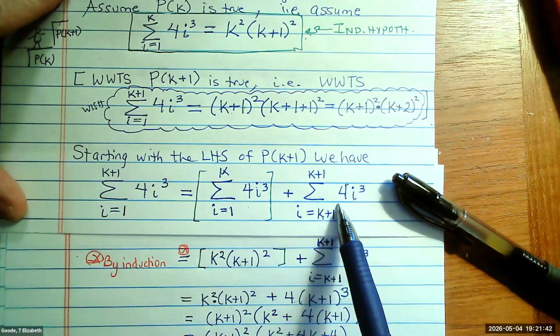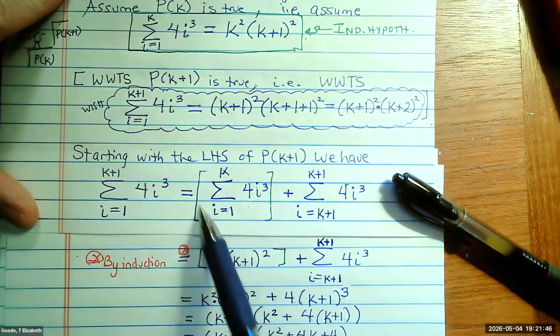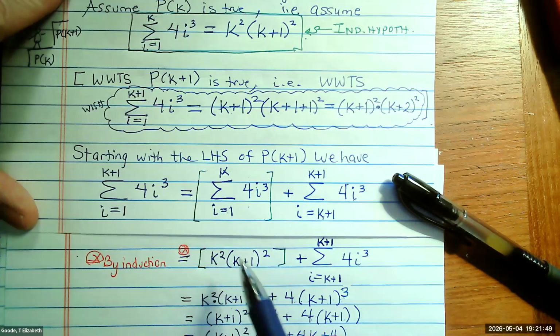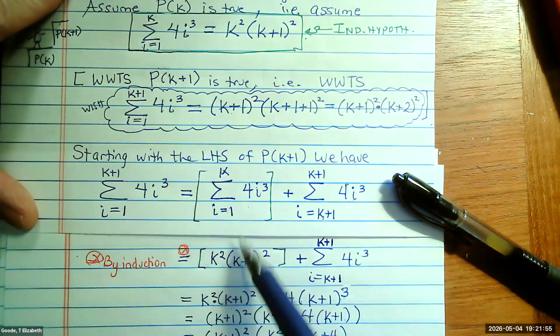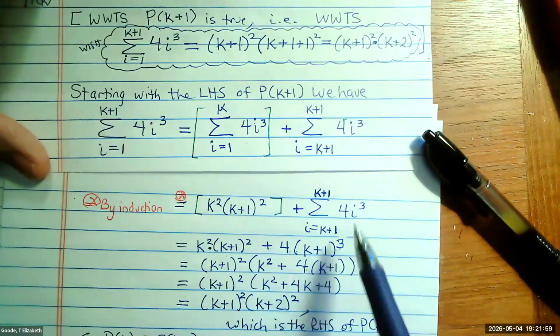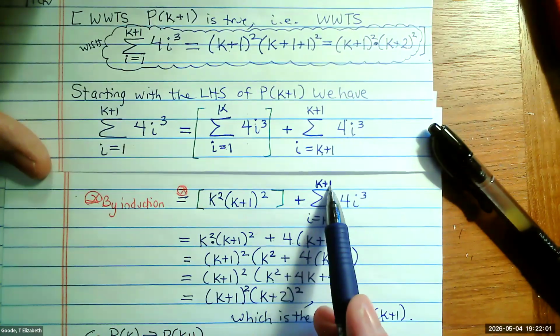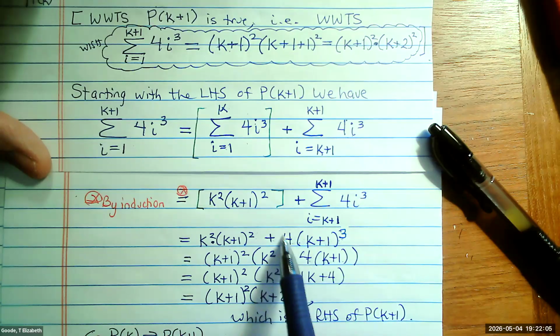Be able to break off that k plus first term. Realize that the reason you did that was to be able to make the inductive substitution using your hypothesis. That was the whole point of breaking off that term. And then be able to at least substitute k plus 1 in for i to get that broken off term evaluated.